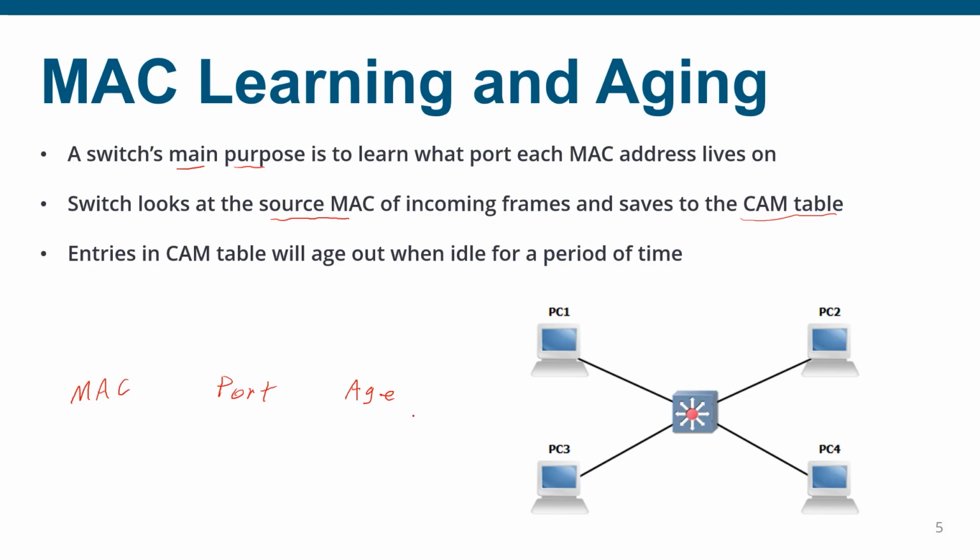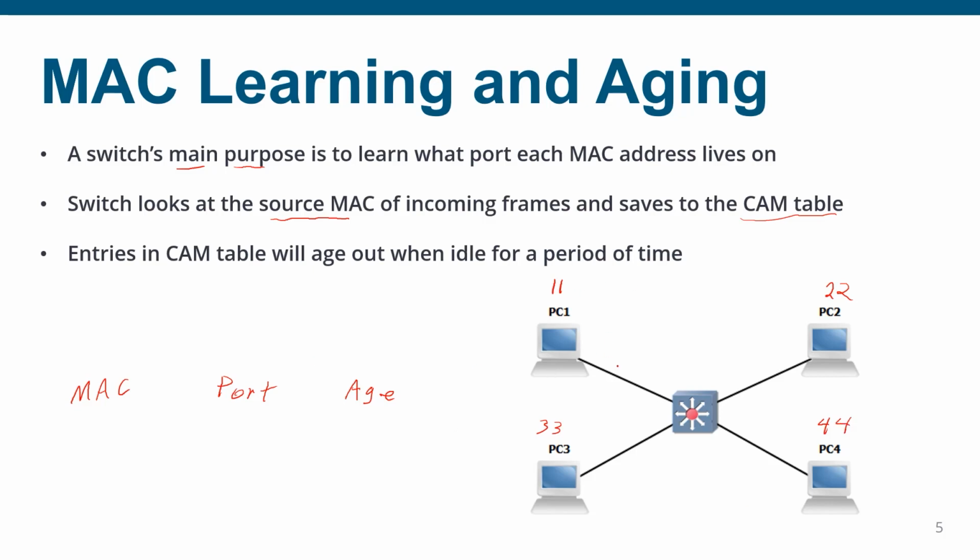Then any frames that come in with a destination MAC of all A's of that entry, it now no longer knows where that's located. So PC1, let's say it has a MAC address of all 1s, PC2, all 2s, PC3, all 3s, PC4, all 4s.